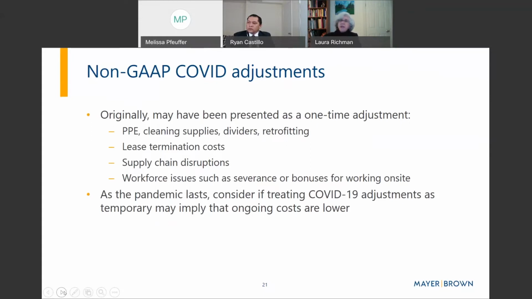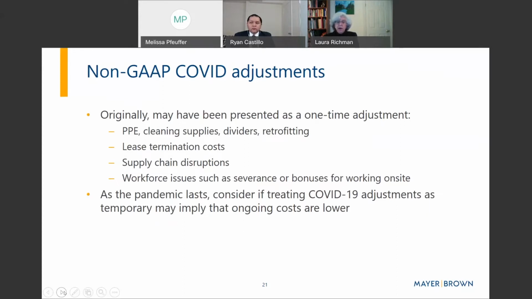But it's especially important to be consistent between periods to explain what the adjustment is and exactly what is being adjusted to reflect COVID, and what is the management objective in presenting the adjustments. Why is it useful to consider?